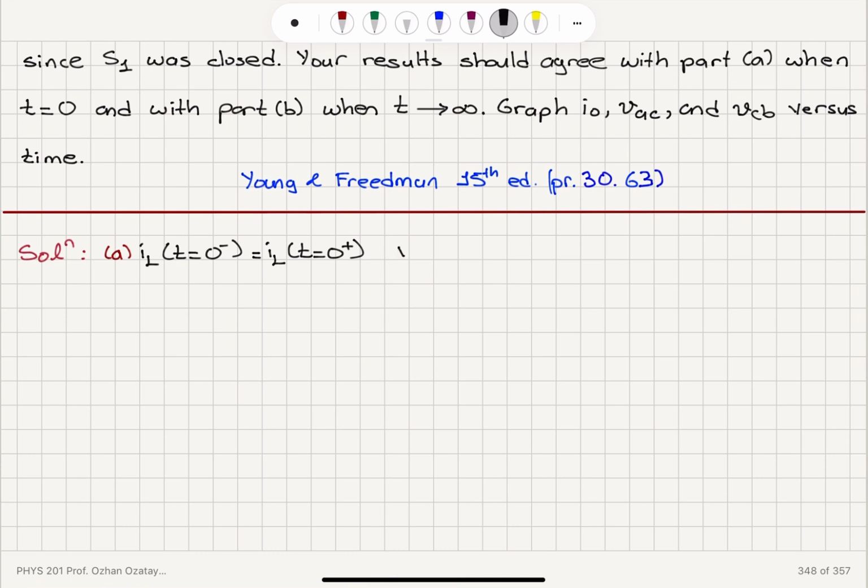Why? Because the voltage across the inductor is L di/dt, and the current through the inductor cannot change instantaneously. If it does, it would imply an infinite voltage.